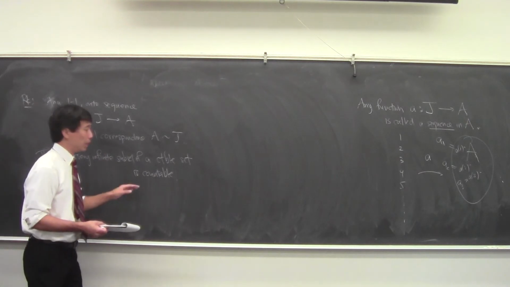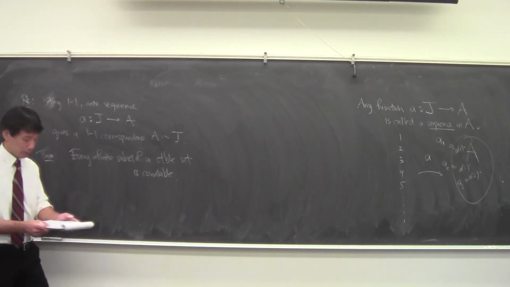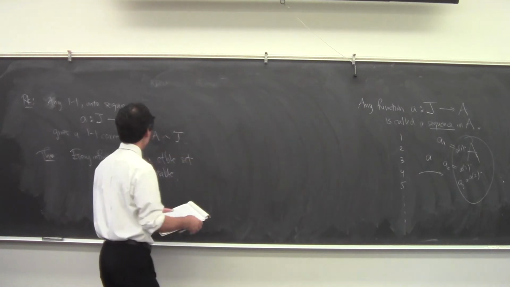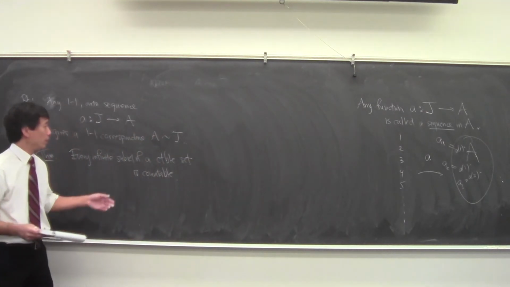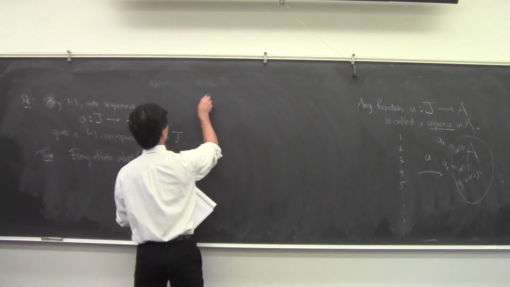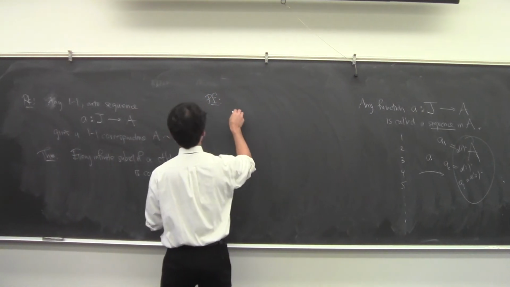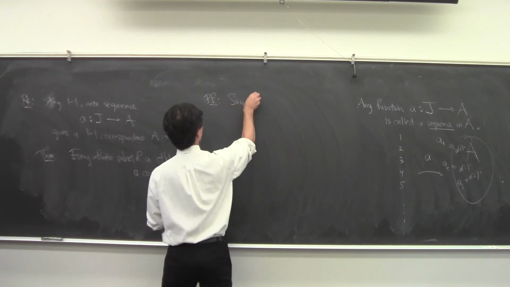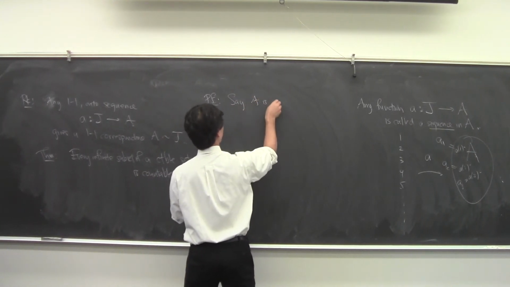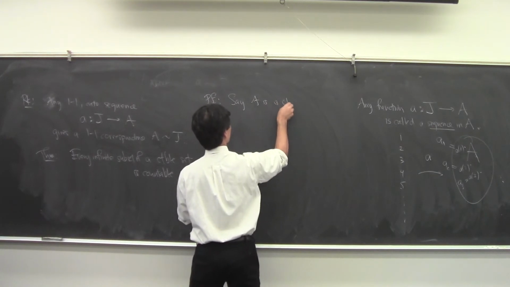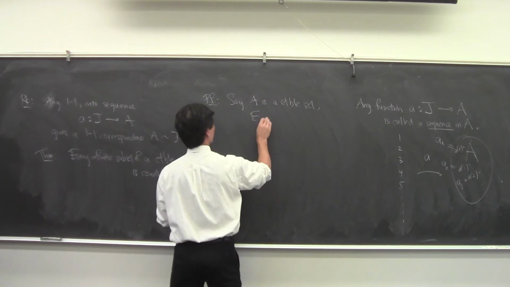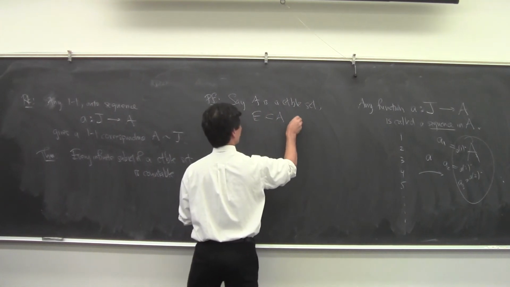Right, so here's the proof. Say that A is a countable set, and that E is infinite.